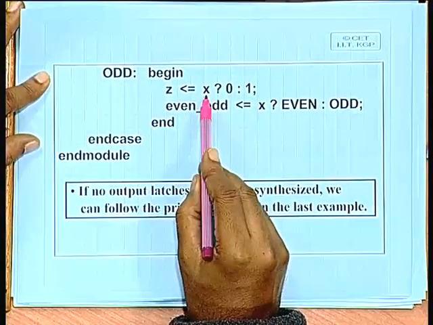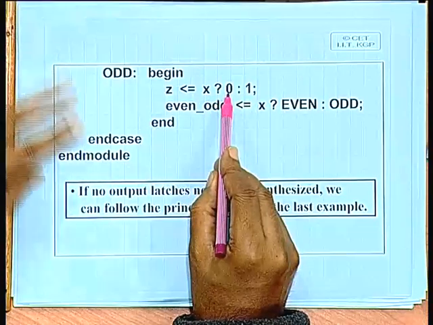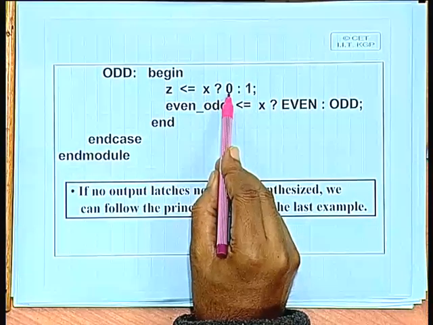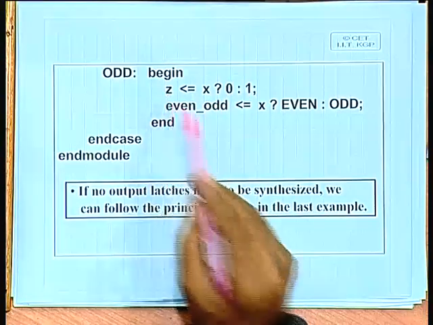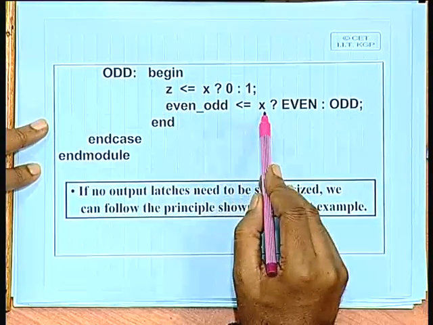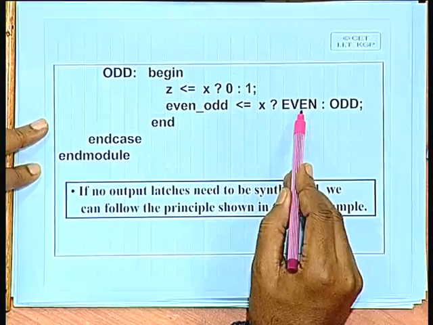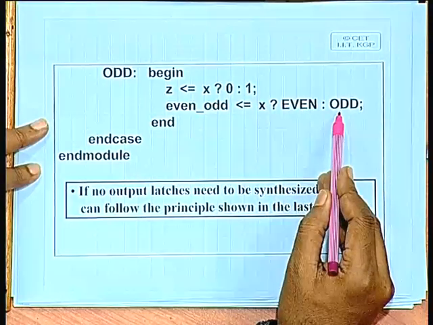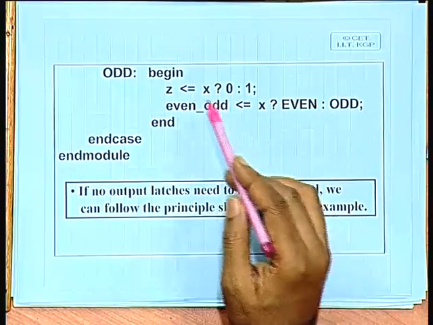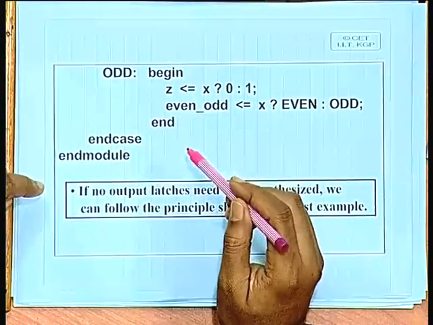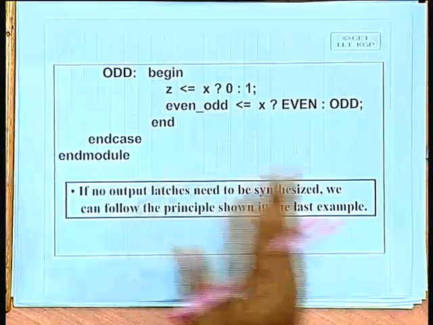If x is 1, then we go to 0, else 1, this will be the output, and for the state, if x is 1, then you go to even, otherwise you go to odd. So, this style models the first one, where both outputs and states are synthesized as flip flops.